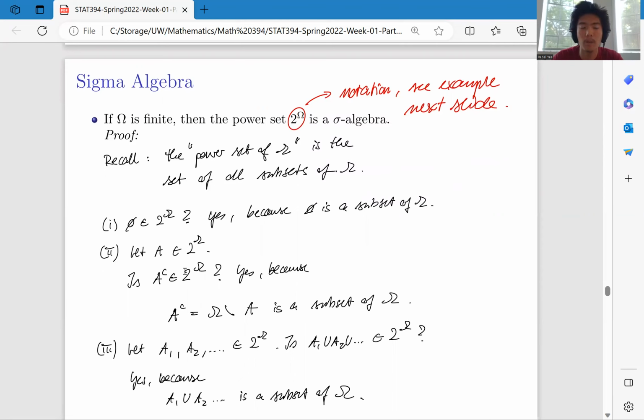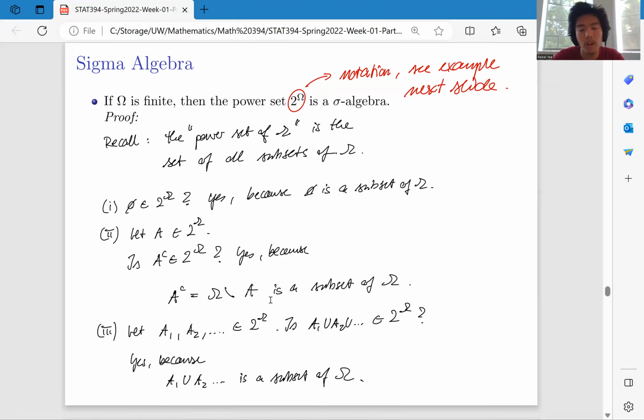So the power set contains any set that is a subset of it. As a result, we can say the complement of the set A is also inside the fancy A set, the power set. So the second one is proved.